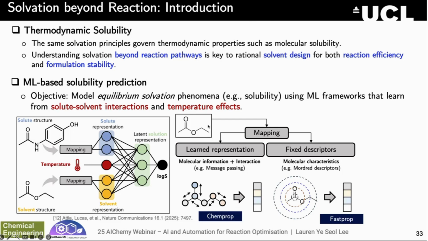Most existing models, like ChemProp and FastProp, treat temperature as just an external scalar input, but solubility is a thermodynamic property, which means molecular interactions, conformations, even dominant non-covalent forces shift continuously with temperature. So the question we wanted to tackle was, can we build molecular representations that are explicitly conditioned on temperature rather than simply supplying temperature as another input?